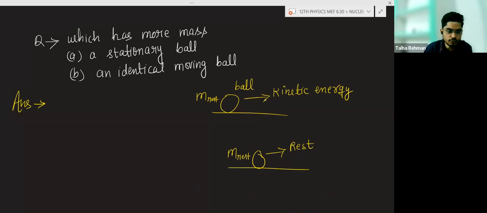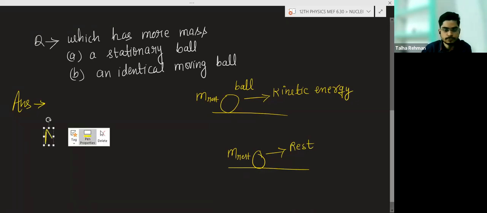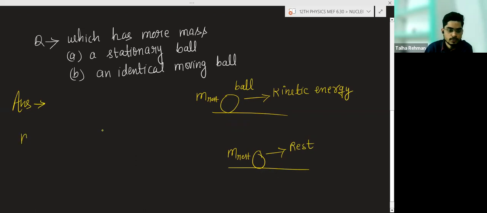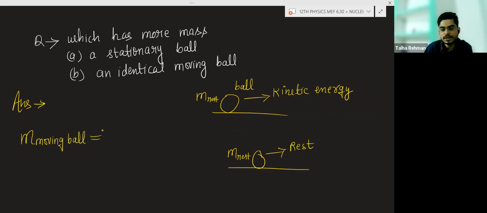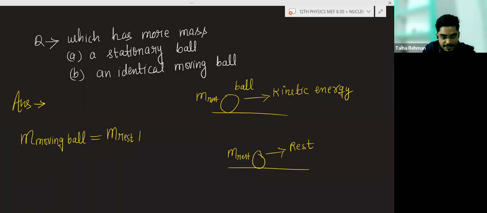So the mass of the moving ball is the rest mass, and there will be one extra mass.